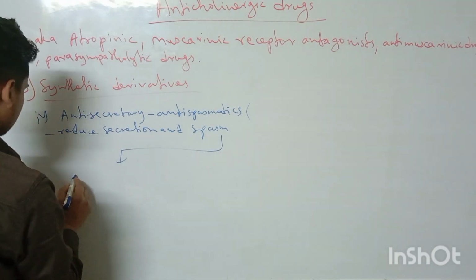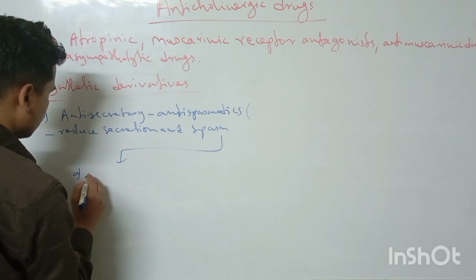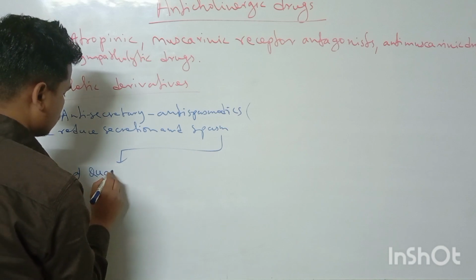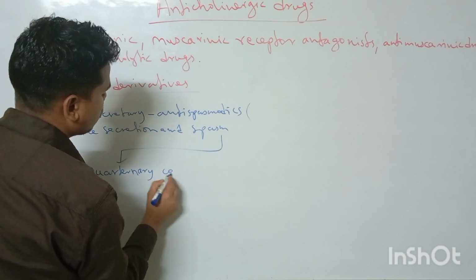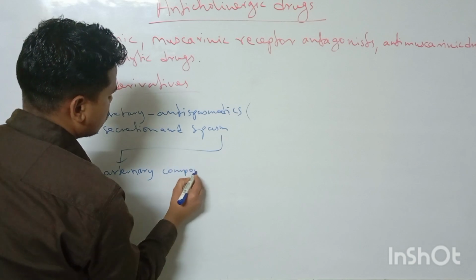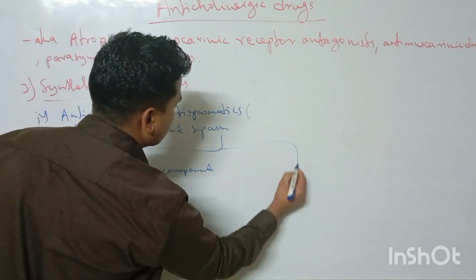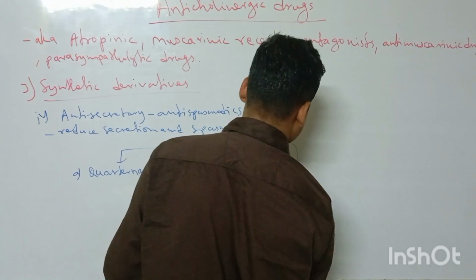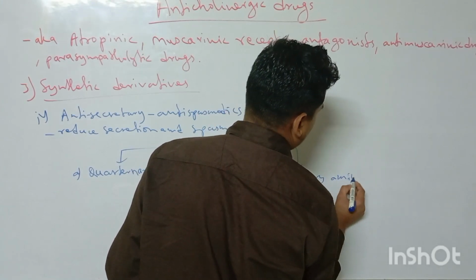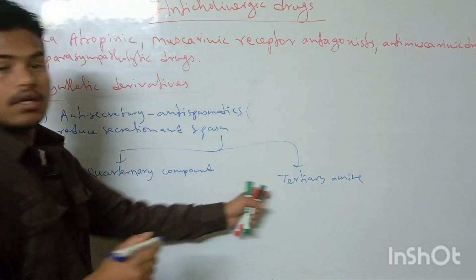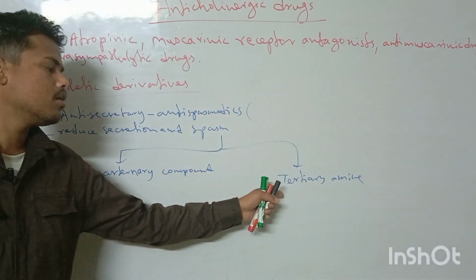One is the quaternary compounds, and next will be tertiary amines. Why am I classifying this minutely?